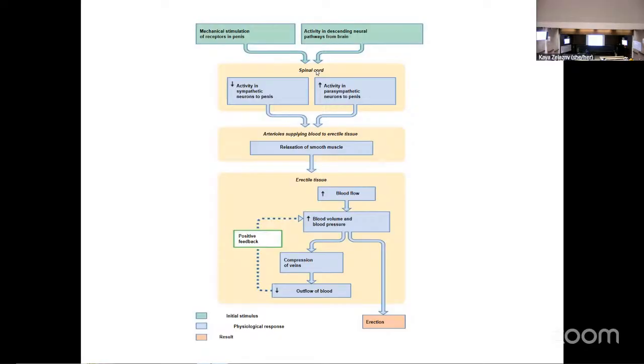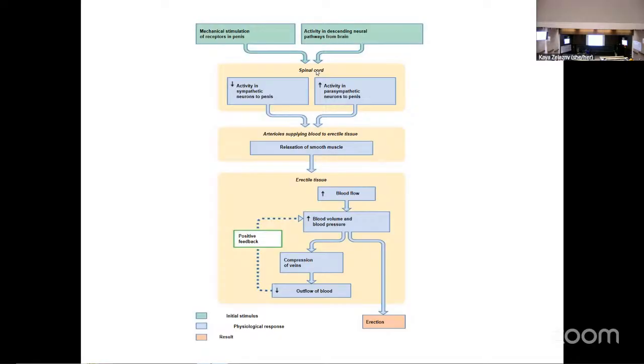So as we're raising that parasympathetic portion of our innervation, so that parasympathetic response, what we're going to be doing is relaxing smooth muscle in blood vessels in the penis. So as we relax the smooth muscle, right? So we're making arterioles wider, we're making them dilate. So we're getting more blood flow, right? This is what the parasympathetic branch of the nervous system is doing here.